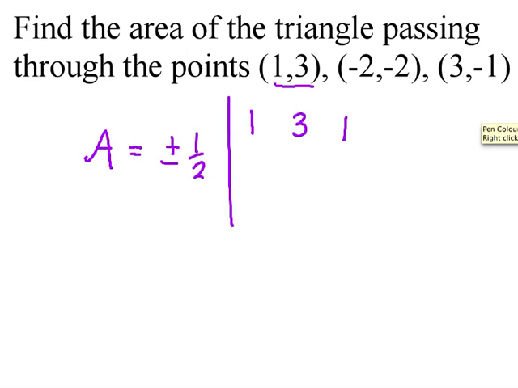Row 2 is the second point, so -2, -2, and then the number 1. Row 3 is going to be 3, -1, and then the number 1.